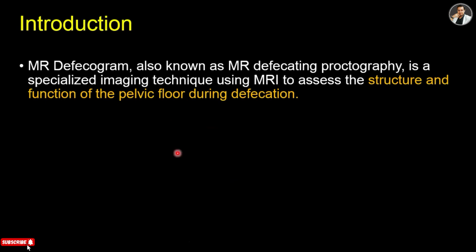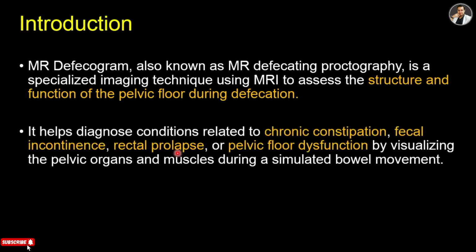So defecation is the process of evacuating stool from the rectum through the anus, and it helps diagnose certain conditions like chronic constipation, fecal incontinence, rectal prolapse, and pelvic floor dysfunction. These are associated with the pelvic organs and muscles during the bowel movement and the defecation process.